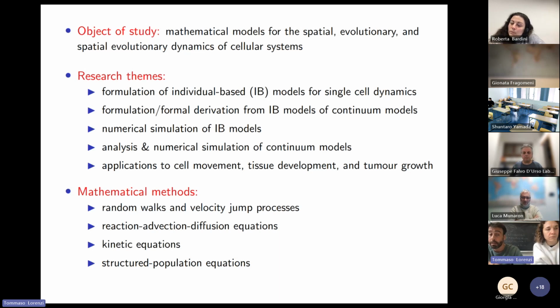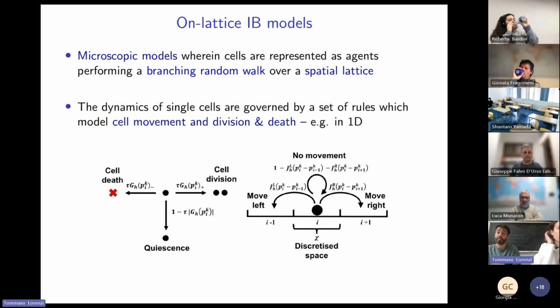The mathematical methods that underlie this type of research are borrowed from the theory of random walks and velocity jump processes, reaction-advection-diffusion equations, kinetic equations, and structured population equations, that is, equations which describe the dynamics of populations which are structured with respect to some physiological traits, such as the level of expression of some genes, which can then be linked to the phenotype of the cells.